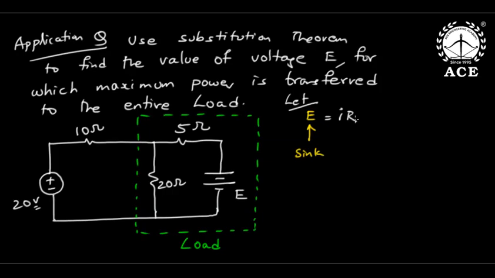Once it is a sink, any passive element can be substituted in terms of voltage or current and vice versa. So this voltage, which is a sink, can also be substituted in terms of resistance. But after doing this, see here: now this network becomes like this. What happens now? Same network.